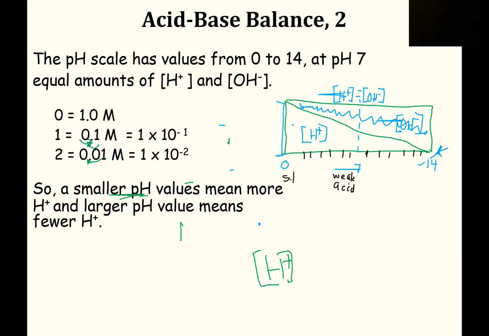The strong acids are farther away from 7. The weak bases are close to 7. The strong bases are farther away from 7. Now, you'll also see the term alkaline, and that is the same as a base.